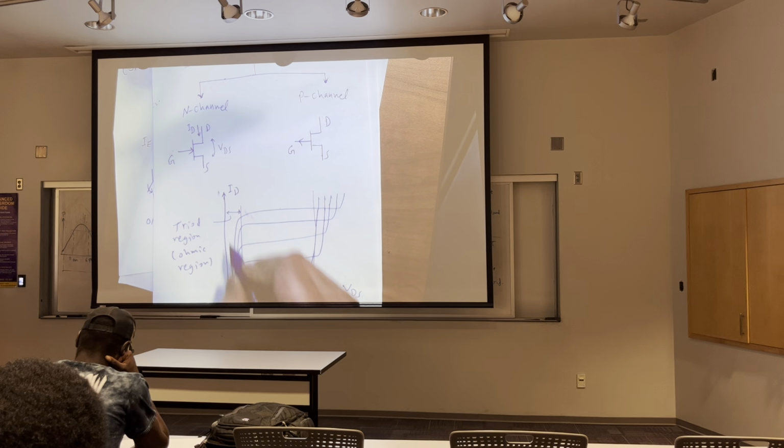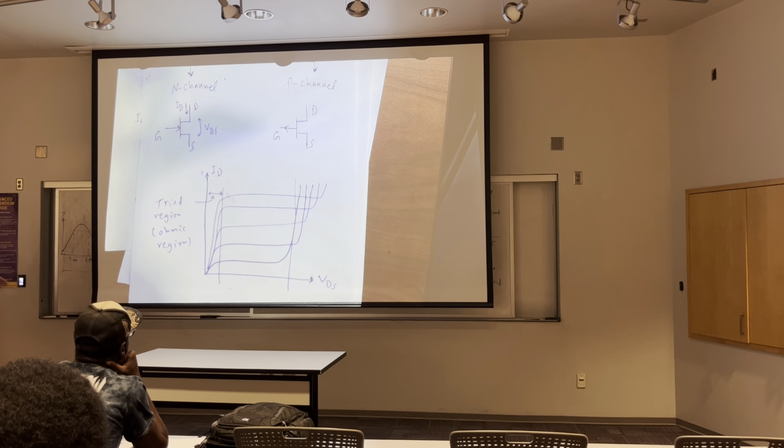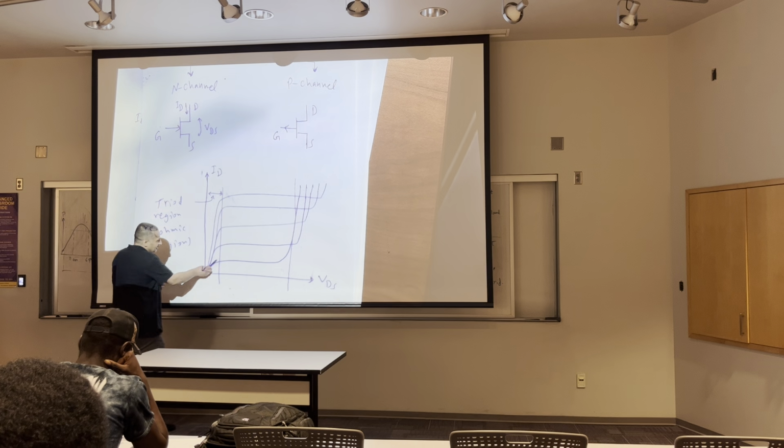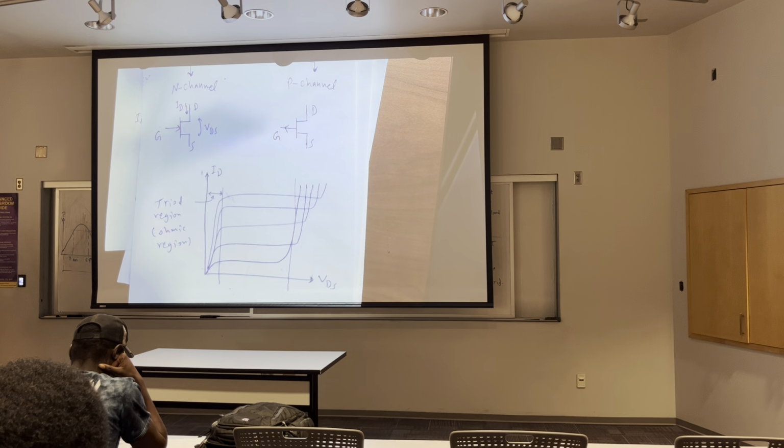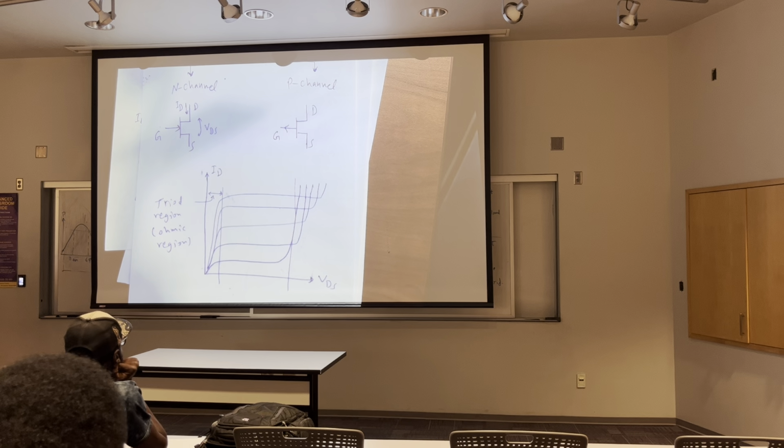Because the relation between the current and voltage is linear. This is the characteristic of a resistor, okay? So it's called triode region or ohmic region.